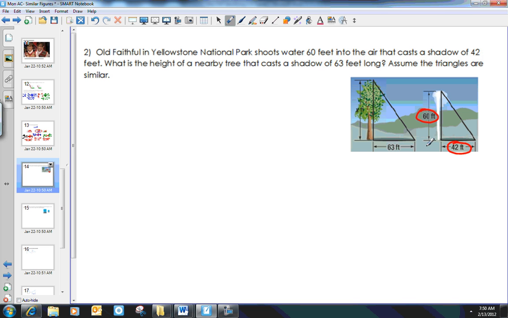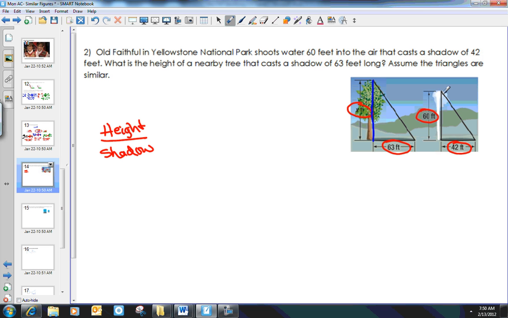Okay, so now we've got two things here. We've got the height of the geyser and the shadow. So my two labels for my proportion that I'm going to be making are height and shadow. Okay, so now the tree, we don't know that height, it's X, but we do know the tree's shadow is 63 feet.